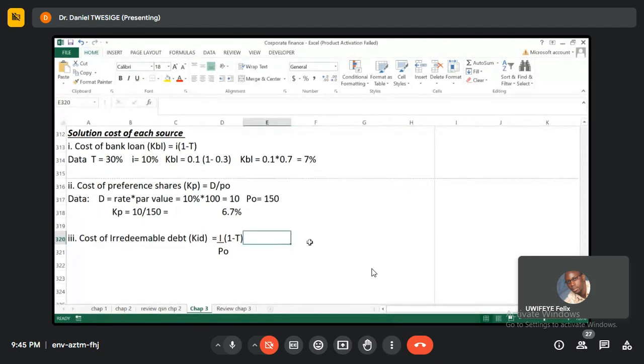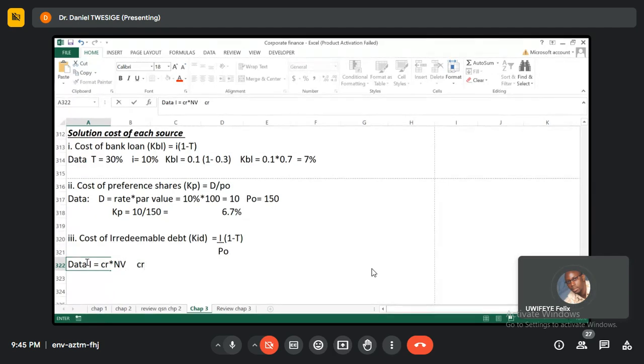So I can now check which data do I have to feed this formula. What is the data that I have? I need to get the interest. And how am I going to get the interest? It's equal to the interest rate or the coupon rate times the nominal value.